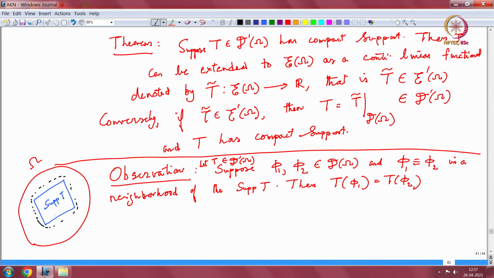In this whole neighborhood, phi 1 equals phi 2. Then it does not matter how phi 1 and phi 2 behave outside it, whatever the behavior is. This is trivial, right?